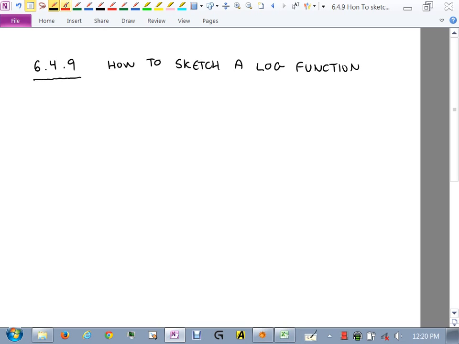And I'm going to do it with an example. Please remember, this is the technique I want you to use. I want us to sketch f of x equals ln x. I want us to sketch the natural log. Now, what I could do is try and make up a table, couldn't I?